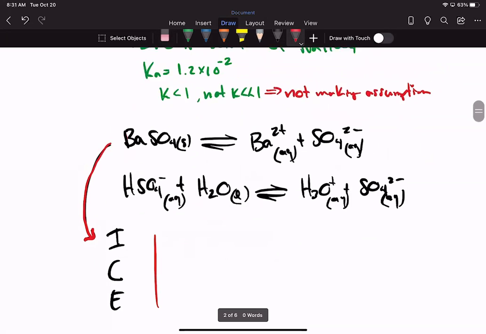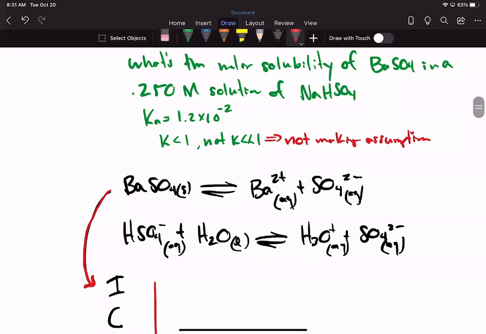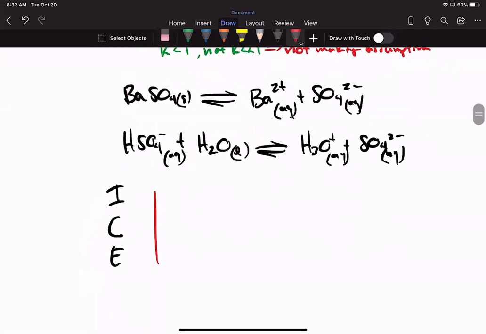What's the molar solubility in a 0.250 molar solution? I think I wrote down the wrong one. It's a 0.250 molar solution of sodium hydrogen sulfate.